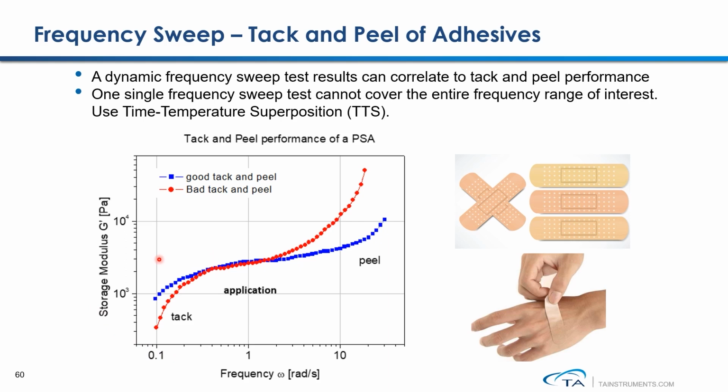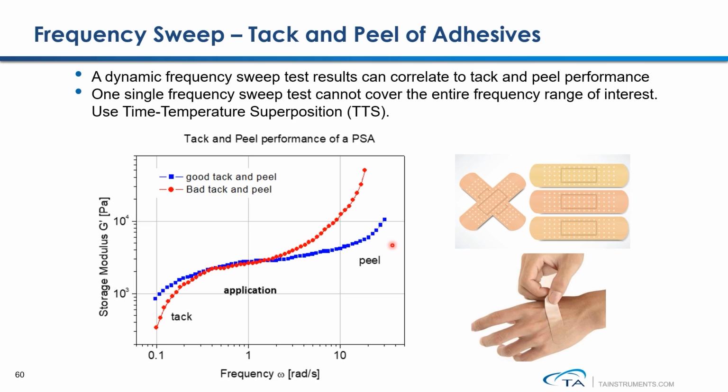If one adhesive shows higher low frequency modulus, that means this adhesive material has much stronger tackiness. The modulus measured at a high frequency can be used to evaluate and compare the peel performance. If the material shows lower high frequency modulus, that tells you this adhesive is easier to peel.